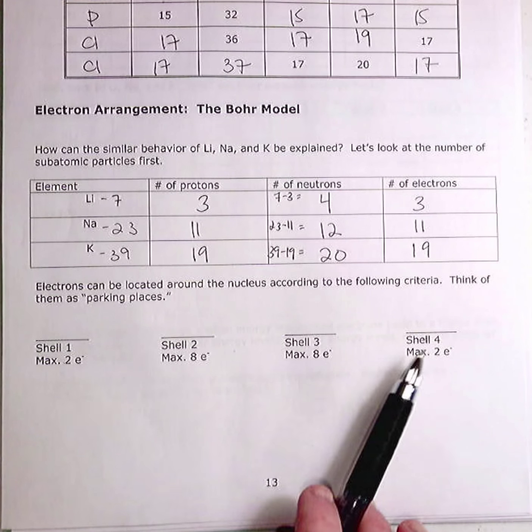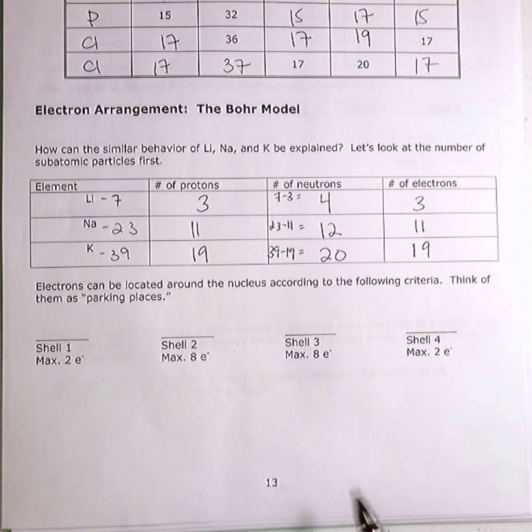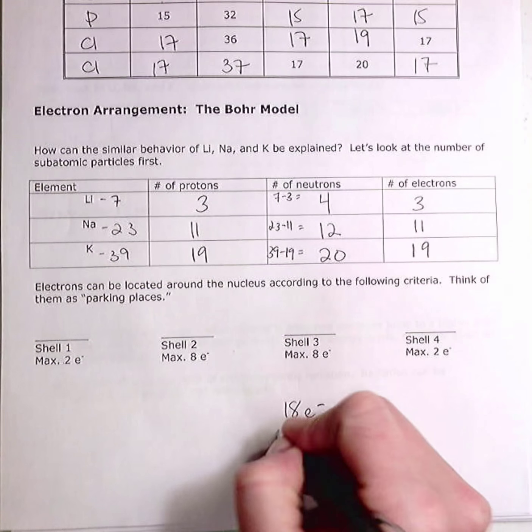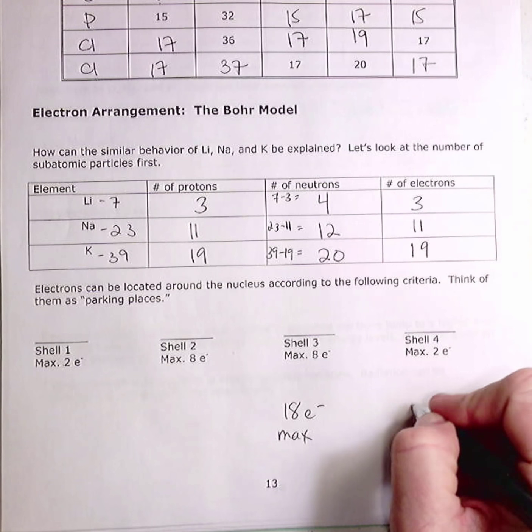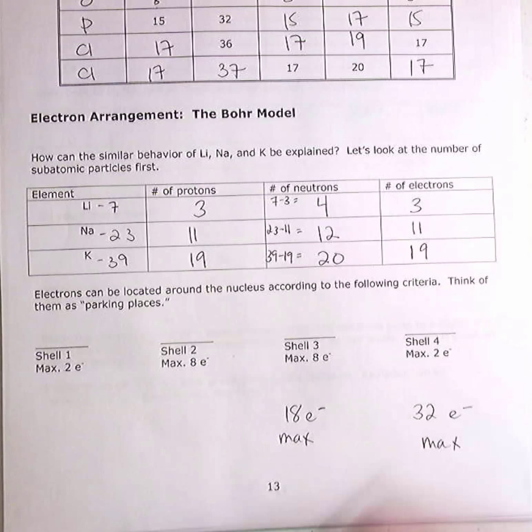For our course, we just keep these maximums in line because we are not going to go above atomic number 20 when coming up with electron arrangements. If you go on to a higher level chemistry course, you might hear 18 electrons max here and 32 electrons max here. But for our purposes, we're just going to stick to this.